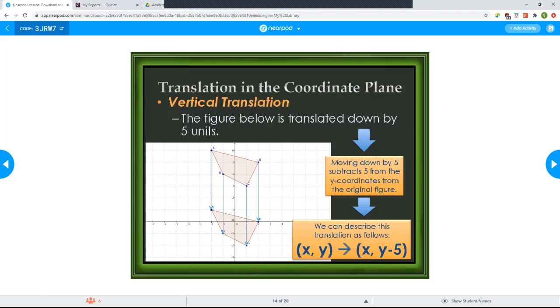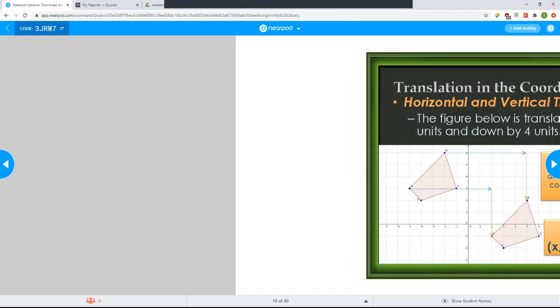And I could subtract 5 from the 6, because the 6 is the y, and y deals with vertical. It deals with your up and down when you're graphing points. So if we subtract 5, because we're going down, we get down to 1. And you can see that that's true for that point. There's a formula that looks like that for translations.